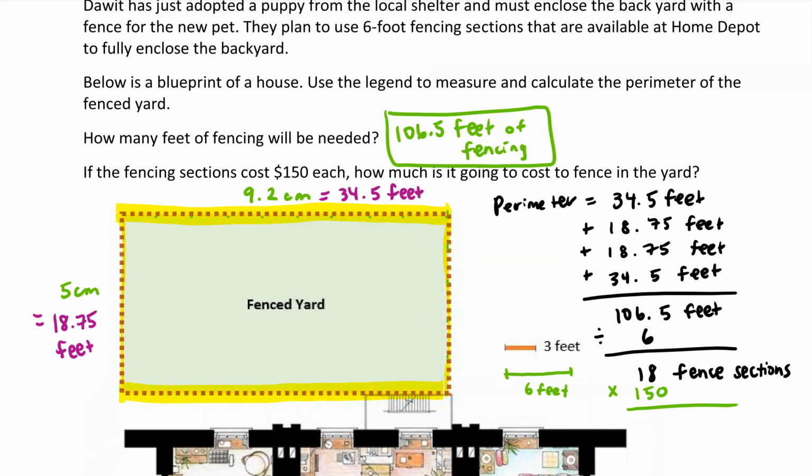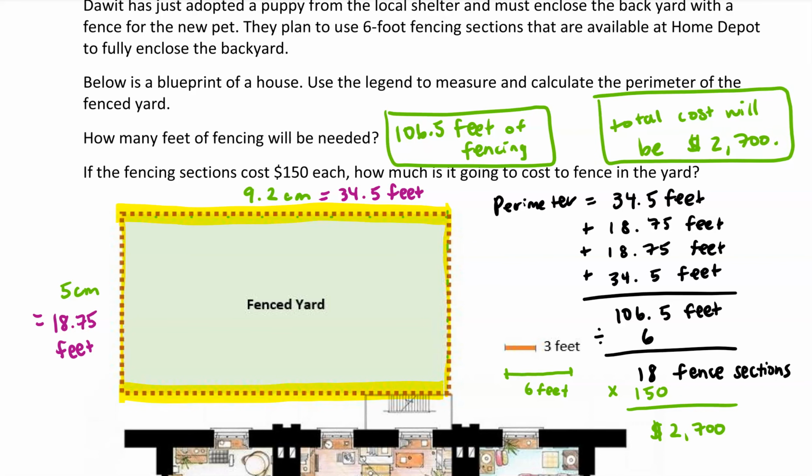So I'm going to come down here and put 2,700. So total cost will be $2,700. That's the final answer for the second question, and that completes example 1.